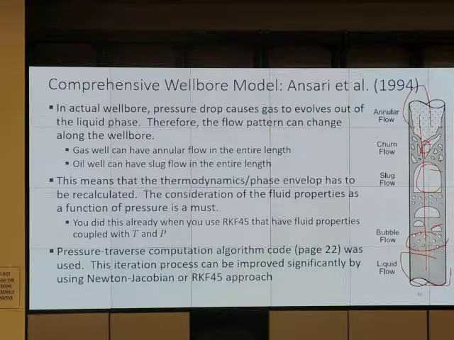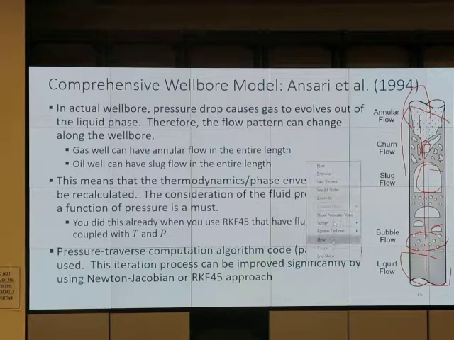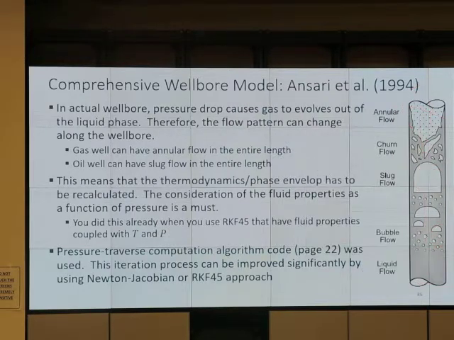Why do we have this picture? Why don't we have churn first and then slug later? From the slug to the annular, according to the flow pattern, we have churn, which is the transition between slug and annular flow, right?